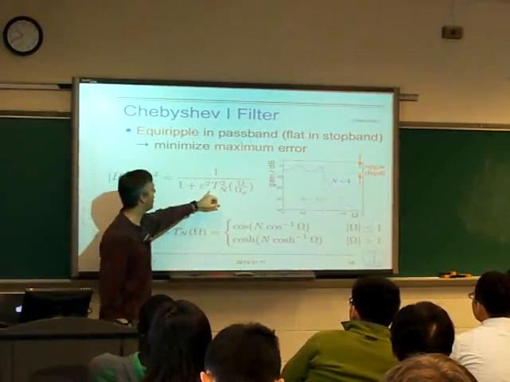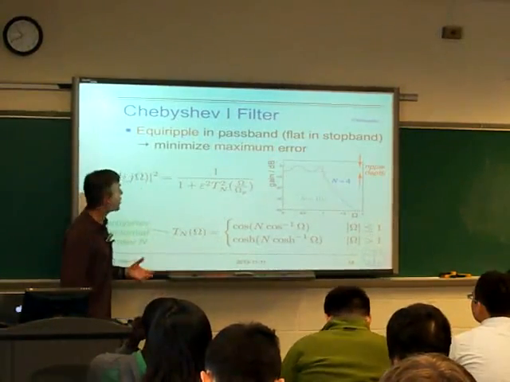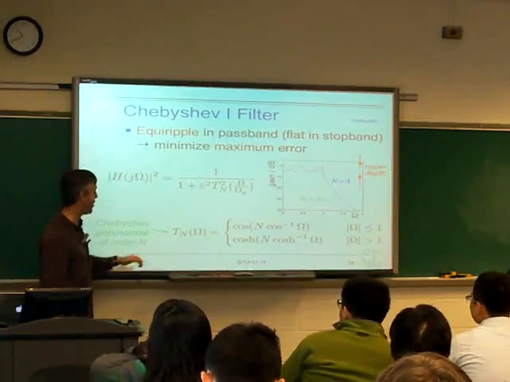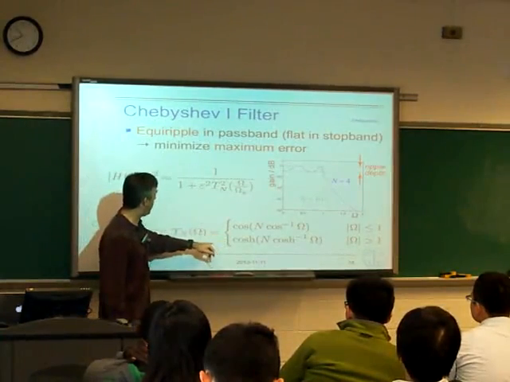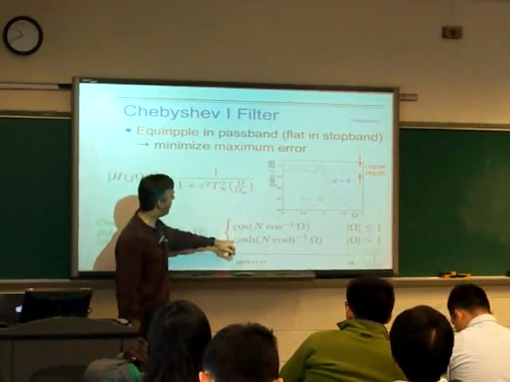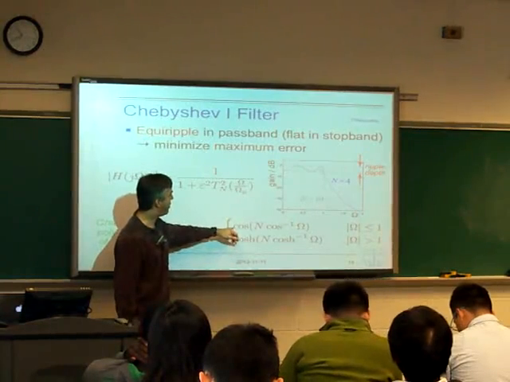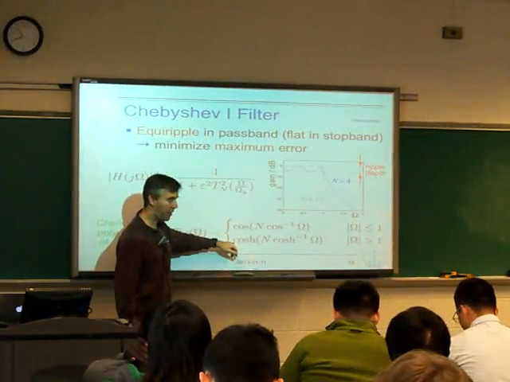And so we have this function, the Chebyshev polynomial, which is a way of merging together a cosine and a hyperbolic cosine.